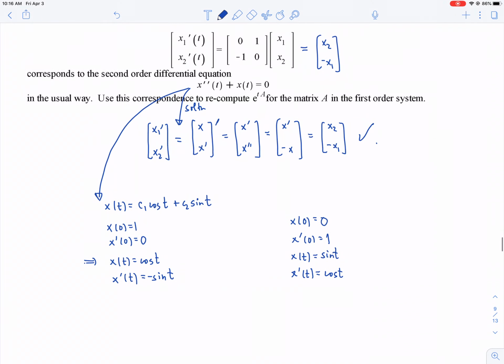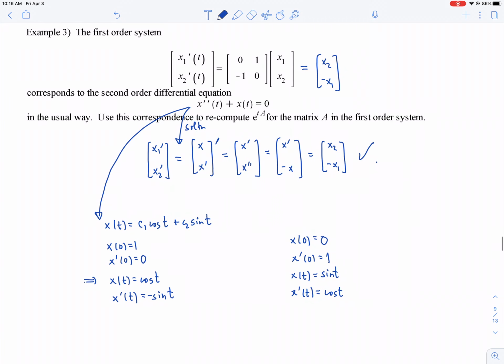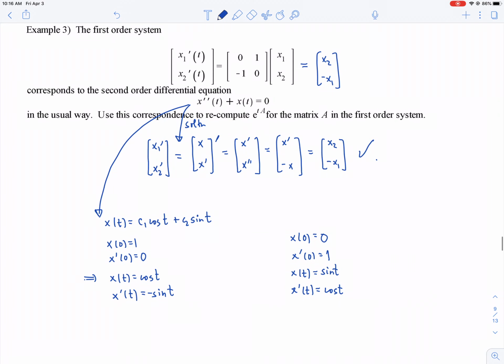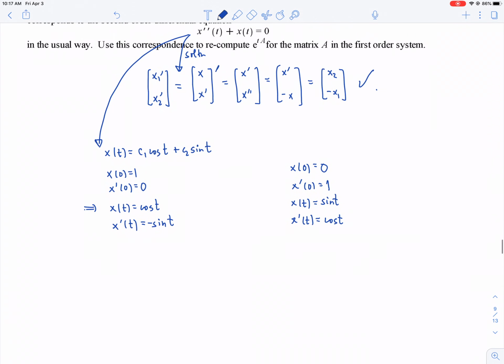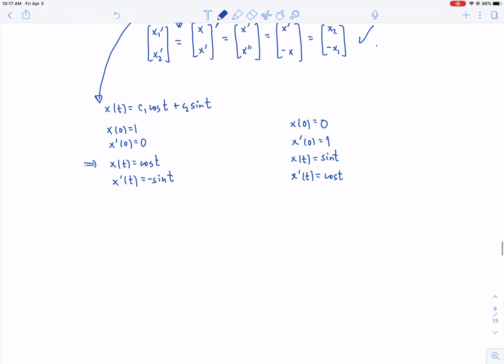So, putting together the fact that the first order system is equivalent to the second order differential equation, and the fact that the columns of e to the tA are solutions to x prime equals Ax, where the initial vectors are the standard basis vectors, I know, with no power series at all, that e to the tA has its first column cos t, minus sine t, and its second column sine t, cos t.